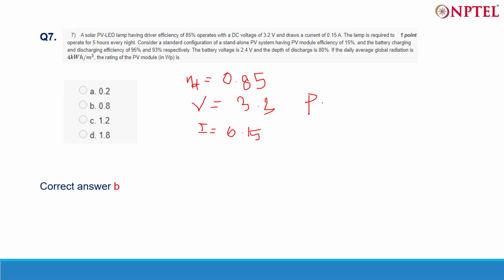So you can get the power: 3.2 into 0.15 into 0.85. Then another thing here, consider standard configuration, efficiency of the module, battery charging and discharging efficiency, battery charge voltage, depth of discharge, daily average global radiation, and rating of the PV module.